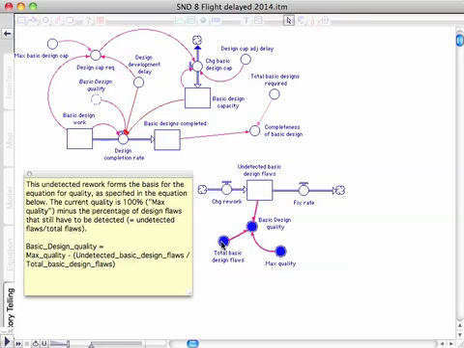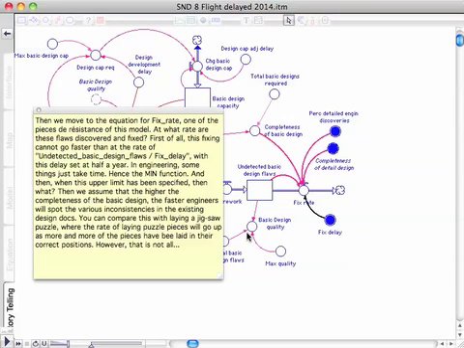Let's say that initially we assume that there are 100 basic design flaws and that you can never have a quality bigger than 1. Then take how many design flaws are still undetected divided by the total number, and that ratio is subtracted from the maximum quality. That's your basic design quality.